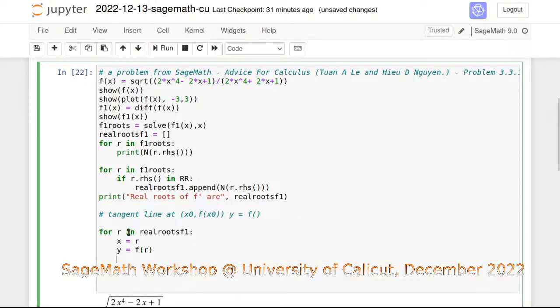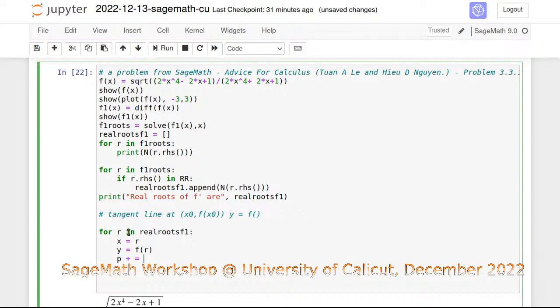Now, if you want to join a line going through this particular x, y and parallel to the x-axis, you just take x minus some epsilon and x plus some epsilon, and plot a line between (x minus epsilon, y) and (x plus epsilon, y).